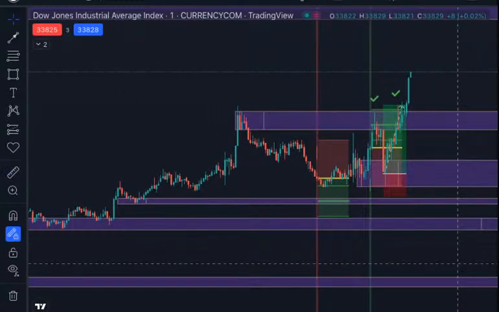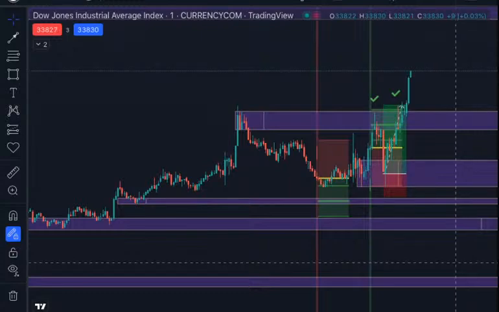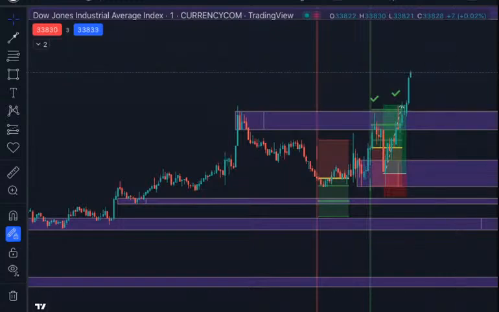Easy money. All right, and I said we're looking for buy situations, buy setups. How about it? Let's go, let's go, people. You know what I mean? Let's do it.